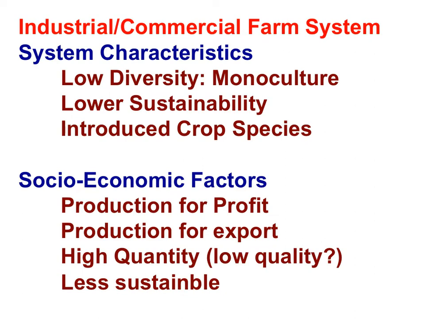So let's get the fundamentals out on the table right away. The industrial commercial farm system has low diversity. It's a monoculture. It has lower sustainability. It has introduced crop species. And the socio-economic factors are production for profit, production for export, high quantity, quality is questionable, and it's less sustainable.